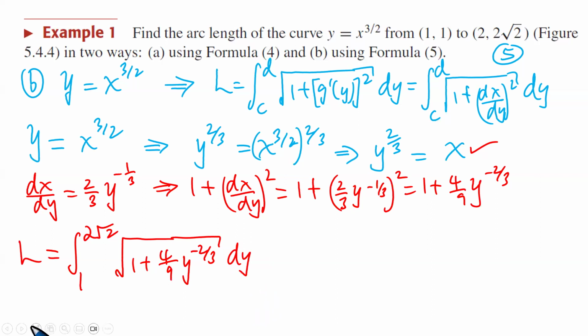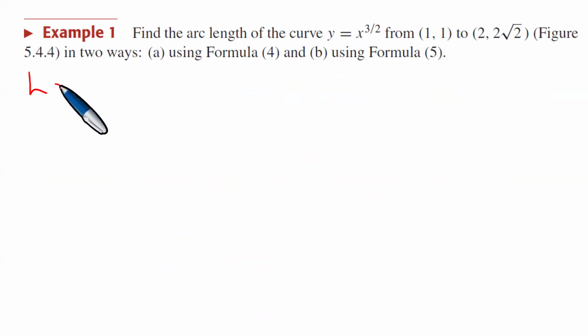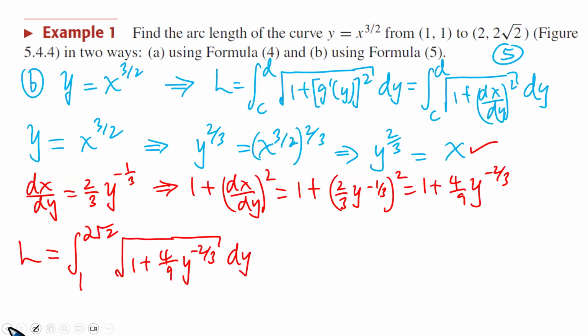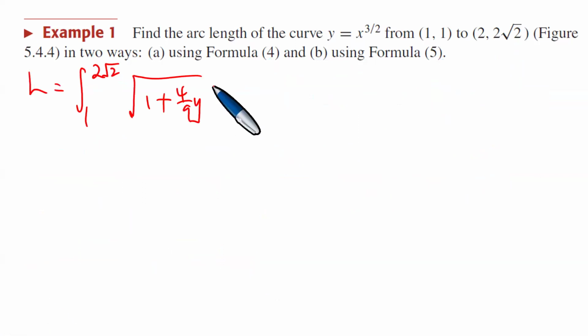So now we have this one here and need to compute it. The integral from 1 to 2 the square root of 2, the square root of 1 plus 4 over 9 y to the power minus 2/3, dy.